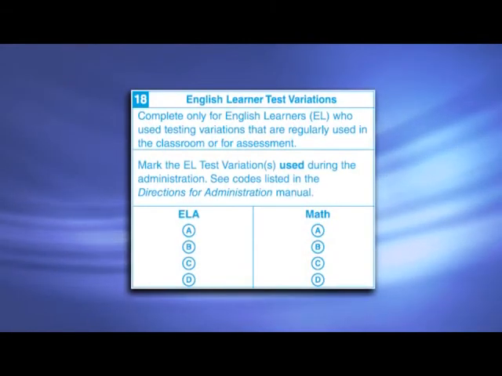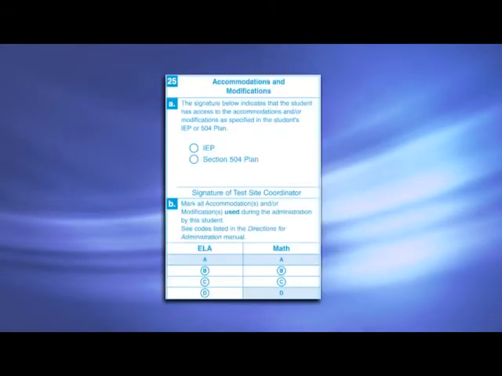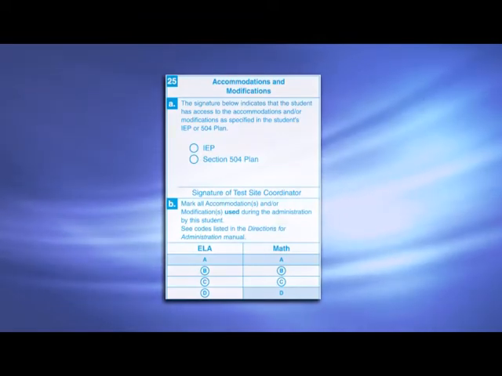If students require blank answer documents, you, examiners, or students must mark the demographic information except Box 3, Score Codes, Box 18, English Learner Variations, and Box 25A, Accommodations and Modifications, to be coded after testing.